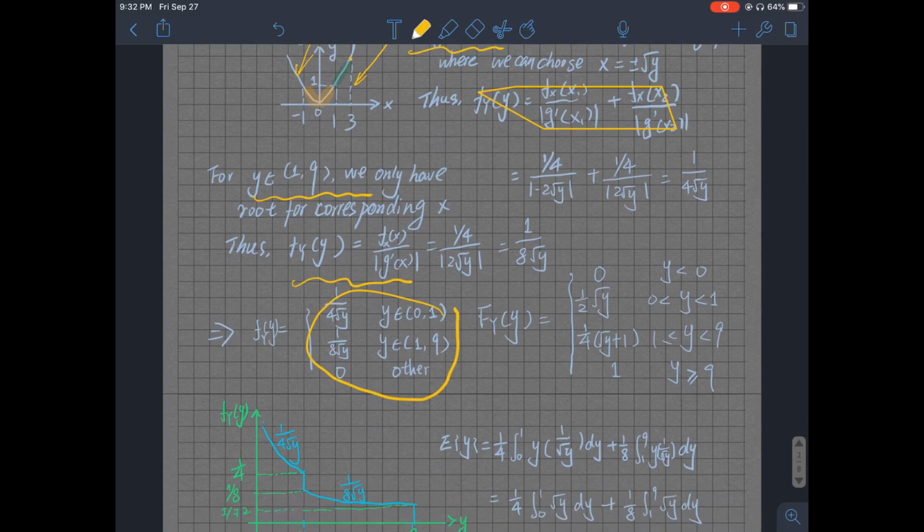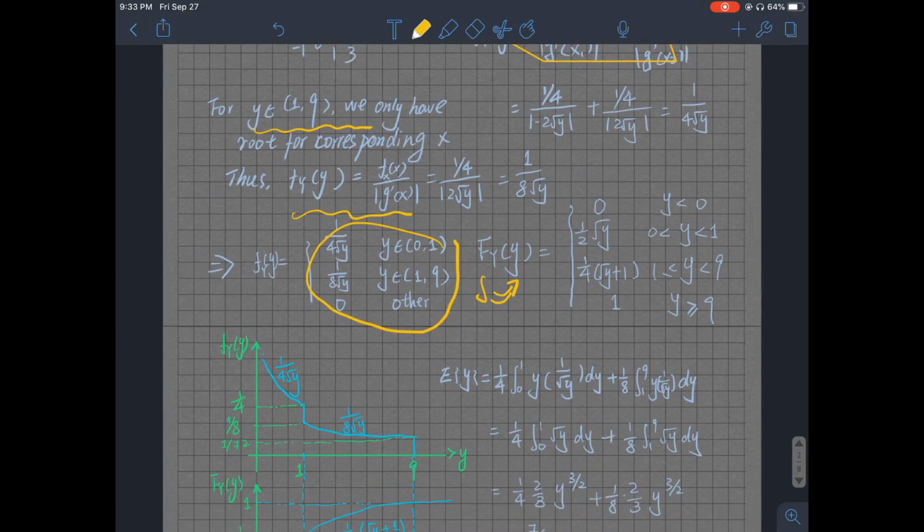And from the result, we can calculate F_Y(y) from this point of view. We must remember this formulation here to get the result.